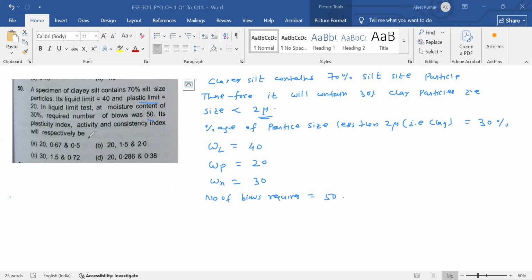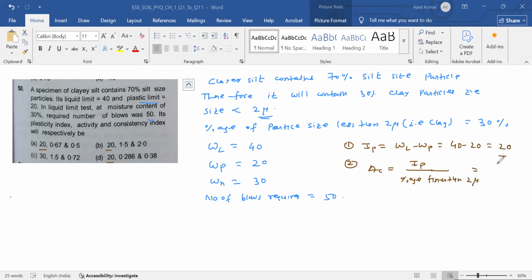So the plasticity index IP is equal to WL minus WP. So 40 minus 20 is 20. Second is activity. So AC is IP by percentage finer than 2 micron.